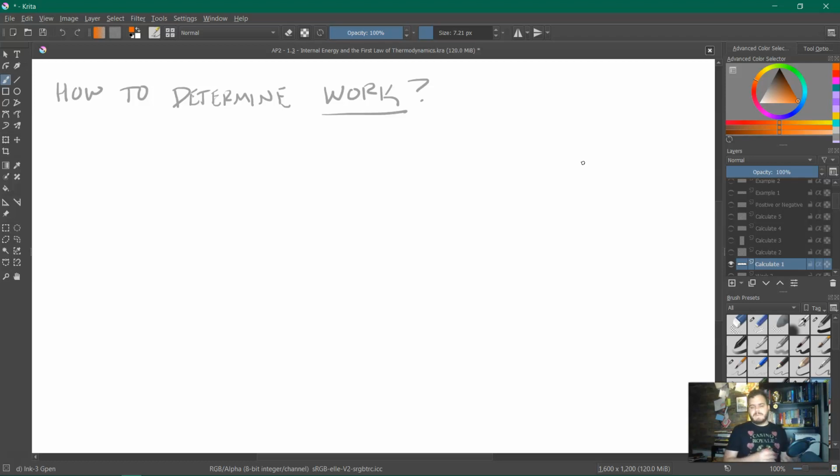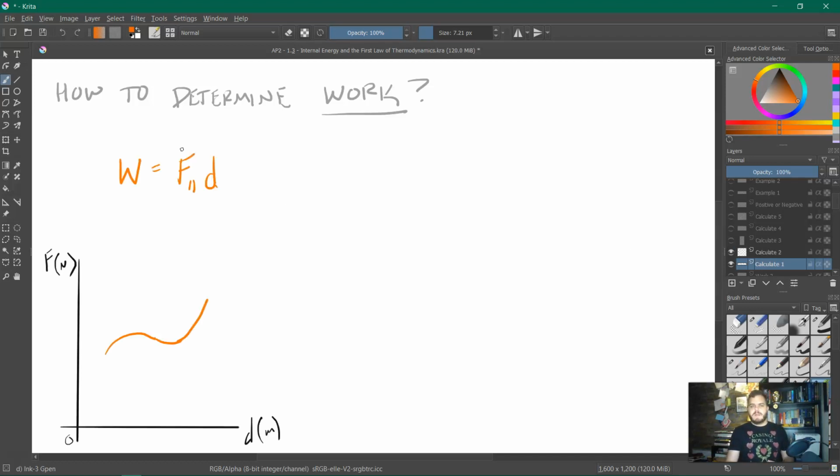Now back at heat, we don't really have an equation for that. We would just be told, oh, energy is added in this amount of joules or taken away in this amount of joules. But work is a little more complicated. So let's remember how we talked about work in AP1. In AP1, we had this equation that work is equal to the force parallel times the distance.